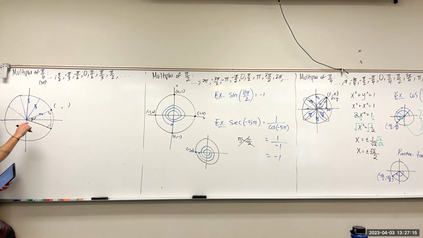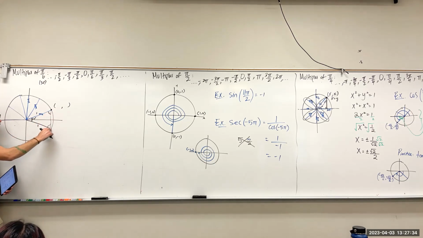Okay. Now, how long is the radius of the unit circle? 1. Right? So because you have 60, 60, and 60 here, the equilateral triangle, all the sides will be equal. So this will also be 1, but it's also the radius. And then therefore, this will also be 1. But if this is all 1 right here, this splits it in half.